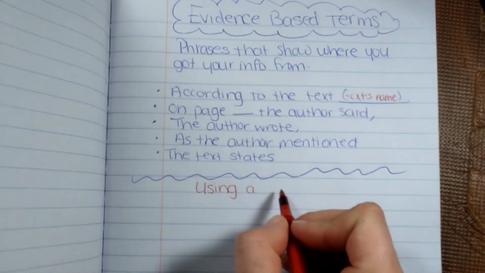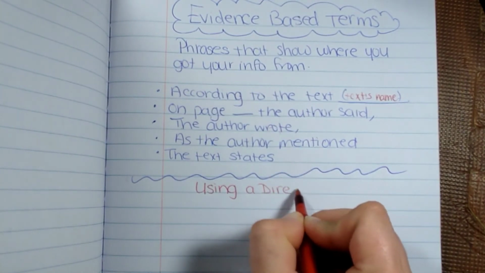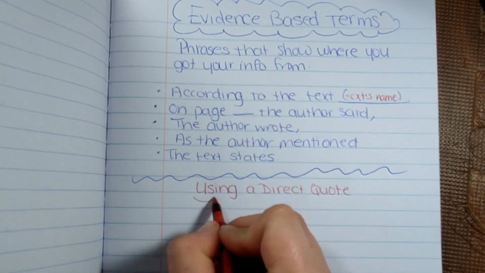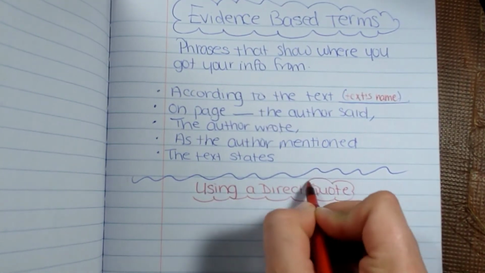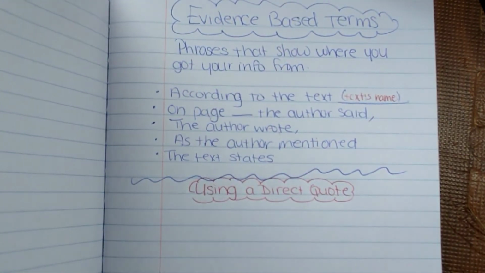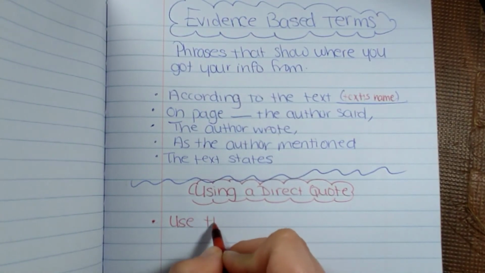In this lesson, using a direct quote is when you take the information as evidence from the passage and you write exactly what it is, word for word, using quotations. So you're going to use the author's exact words.